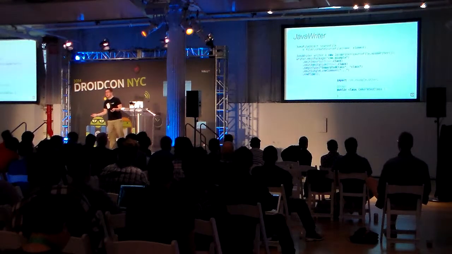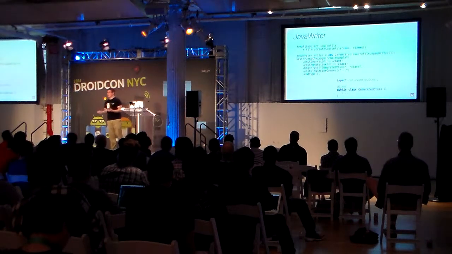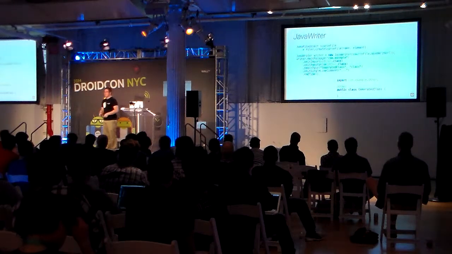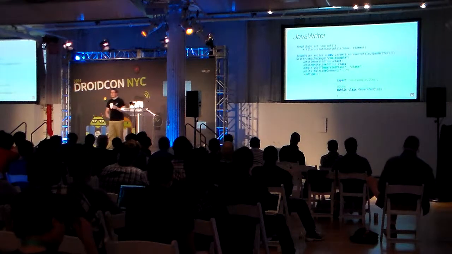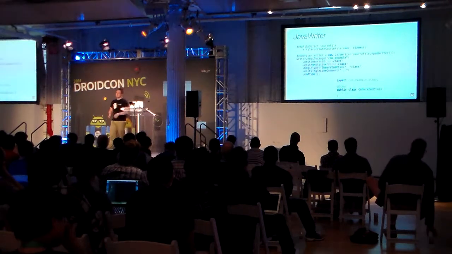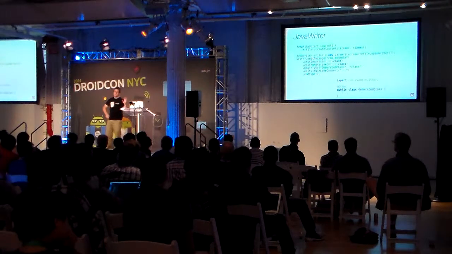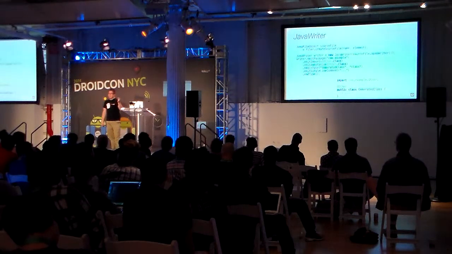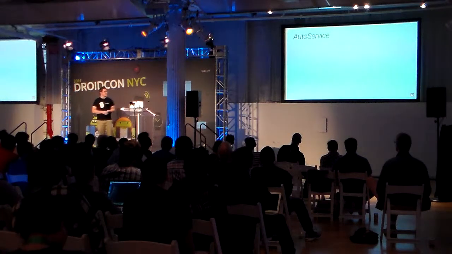Some of you might not think this is useful, but one of the things that we value very highly in writing these annotation processors is having code that gets outputted that is very human readable, very friendly, almost to the point where it's the code that you would just write yourself if you were doing the job of the annotation processor. So we value things like this because when you're writing these classes, you're going to be using that import. You're not going to reference annotations in a fully qualified fashion.